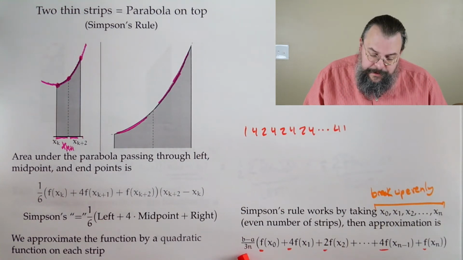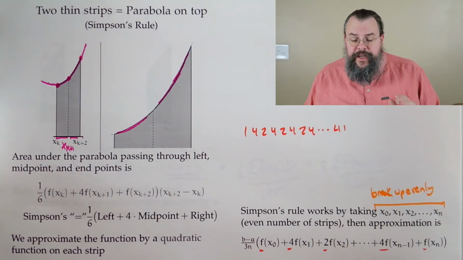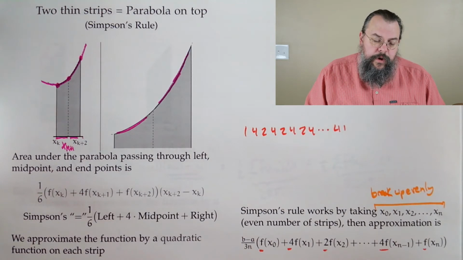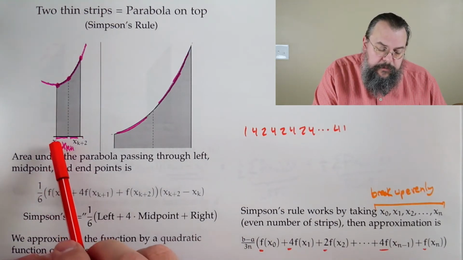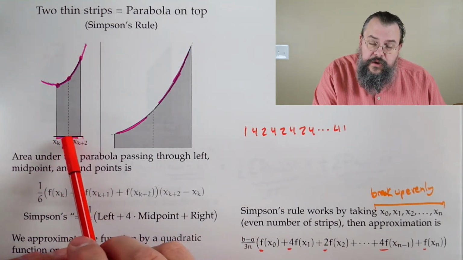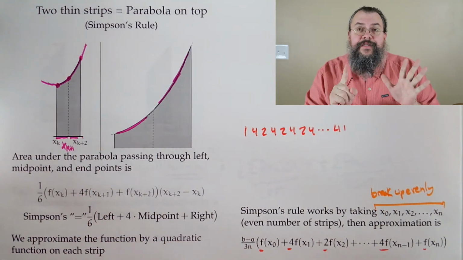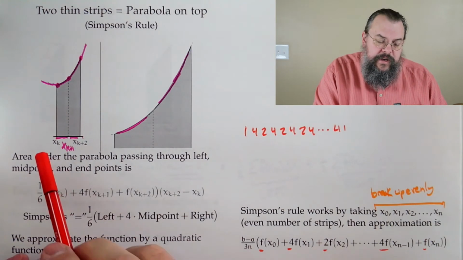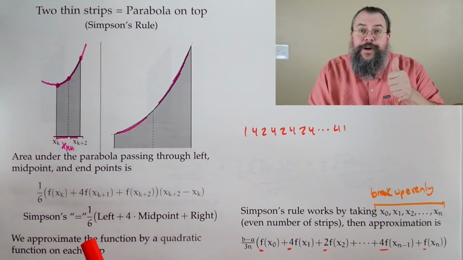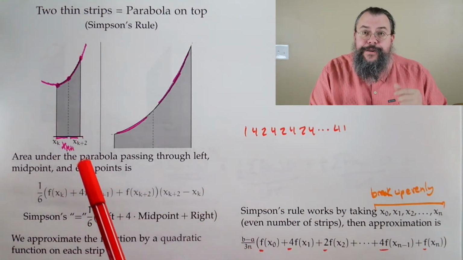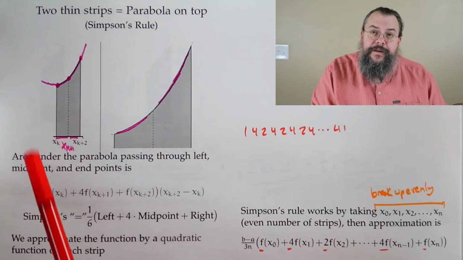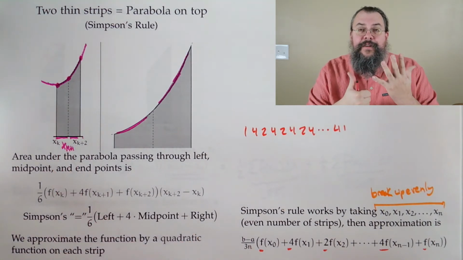Where did this 3 come from? Here's how I like to think of it. What we're really doing is, for each 2 strips, I'm going to look at 6 pieces of data. I'm going to look at the left hand 1 time, the right end 1 time, and the midpoint 4 times, getting us up to 6.